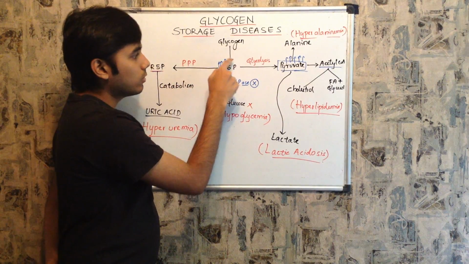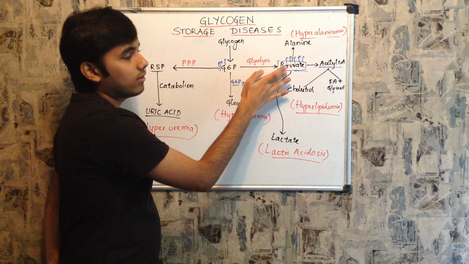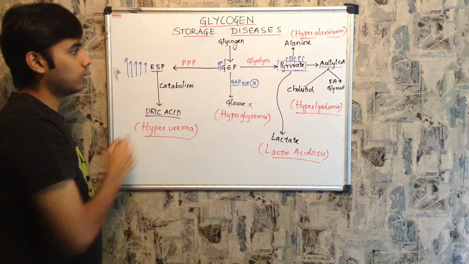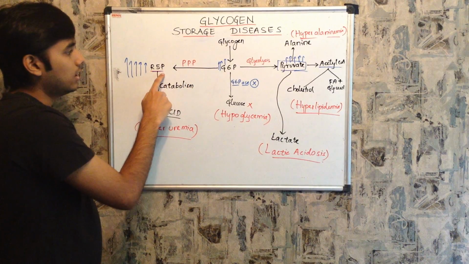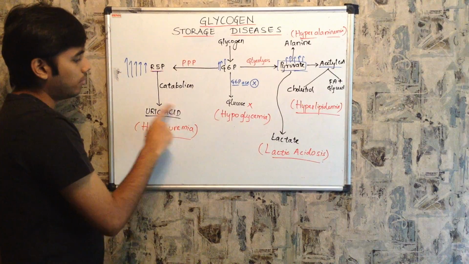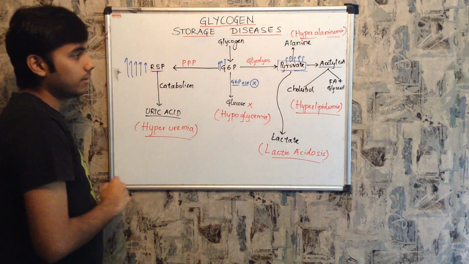So obviously glucose 6-phosphate will keep accumulating in the liver, and pyruvate will be formed in excess amount. In the same way, ribose 5-phosphate will be formed in excess by the pentose phosphate pathway. Excess ribose 5-phosphate undergoes catabolism to form uric acid. More uric acid is called hyperuricemia.